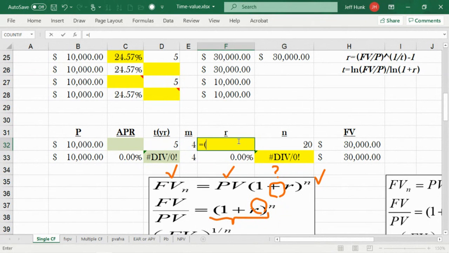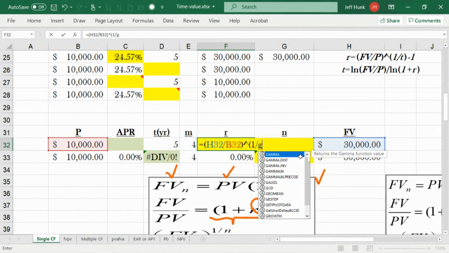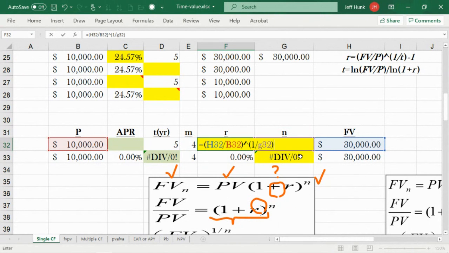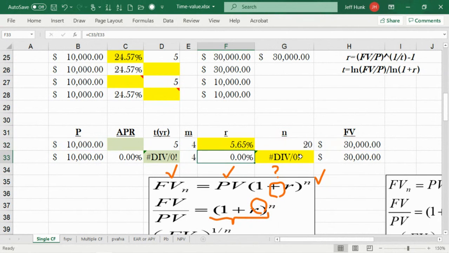So what do we do? We can make the adjustment inside the formula too, but this way it is easier and the formula is simpler. Simply raise it to 1 over n, and the n is in G. I'll have to type it in manually, G32, and minus 1. There you go. The quarterly periodic rate is 5.65.